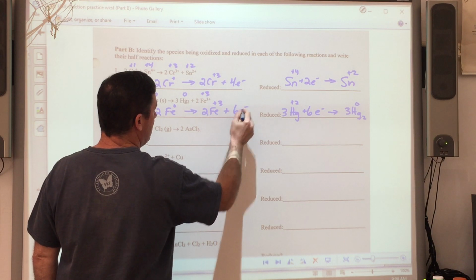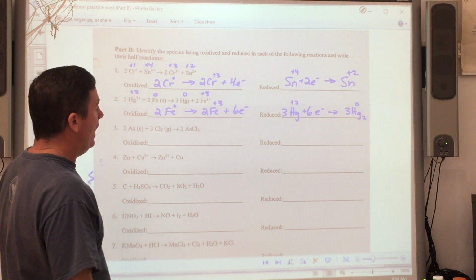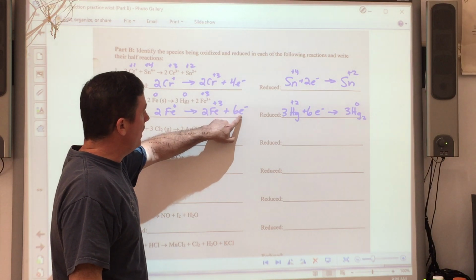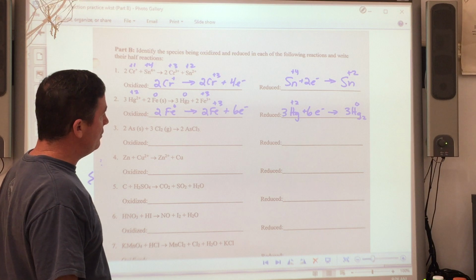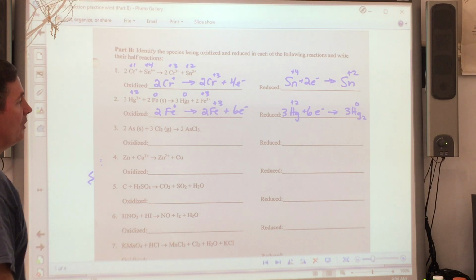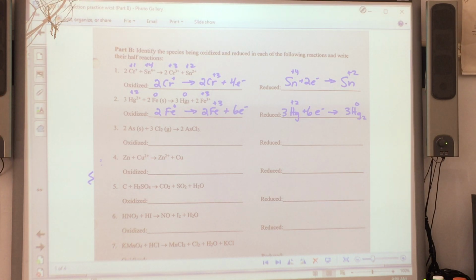So I have to do the same thing. I'm going to add 6 electrons, 6 negatives, in order to counter the 6 positives from the 2 irons of a 3+ variety, iron 3. Okay? So really, that's as far as I'm going to go.